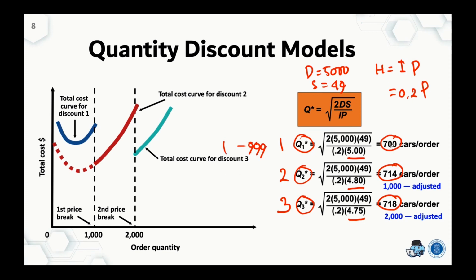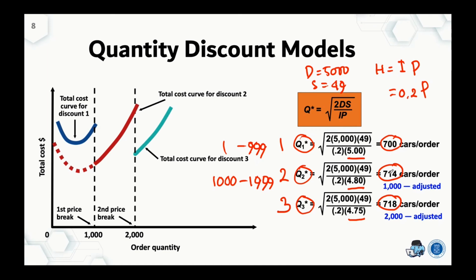So we can order 700, and this is applicable. But for region 2, if we purchase 714, we cannot get the discount, because we will get the discount only if we purchase from 1,000 to 1,999.